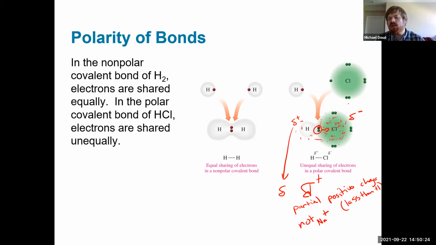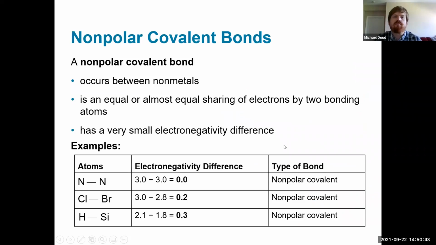For the more electronegative element, it gets a partial negative charge. So we call that delta minus. And again, it just means that it's a definite negative charge, but it's less than a full negative charge, like on a chloride ion. Hope that makes sense.